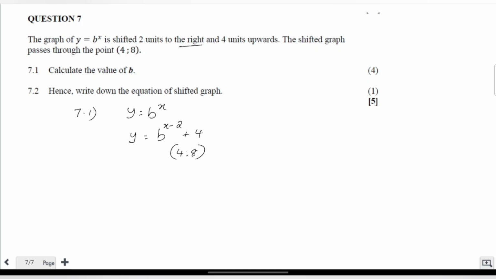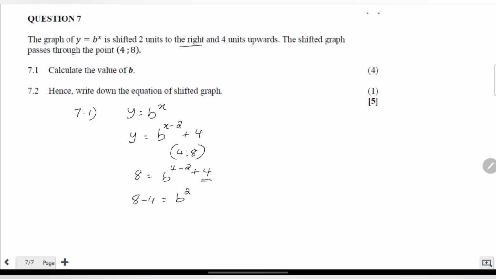It's a very simple question. The y value is going to be 8, b to the power x value, which is 4 minus 2, plus 4. Now how do you do it? Remember, you are finding the base, isn't it? So first you have to send the 4 to the other side, that is 8 minus 4 is equal to b to the power 2.